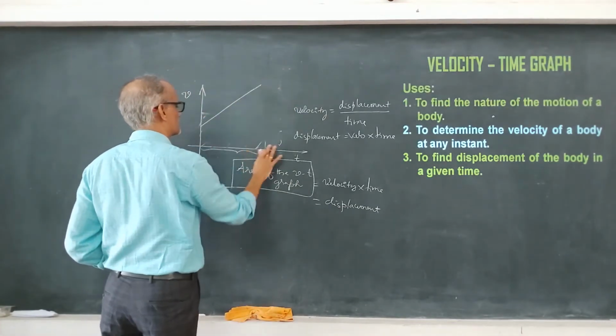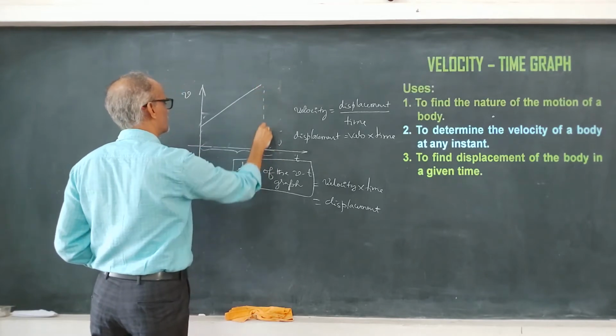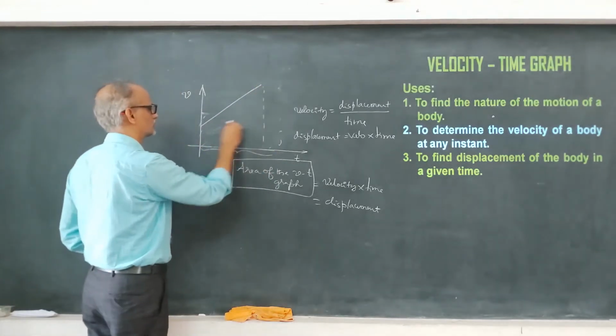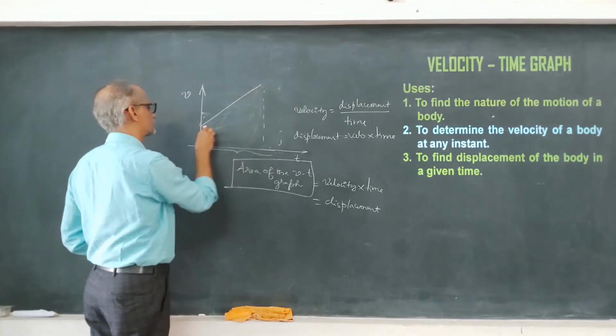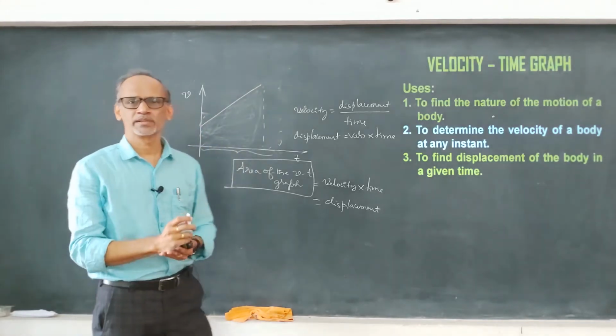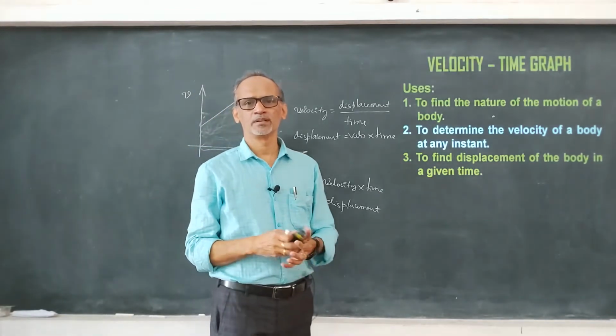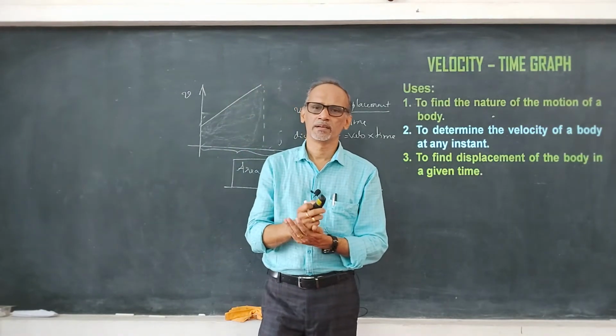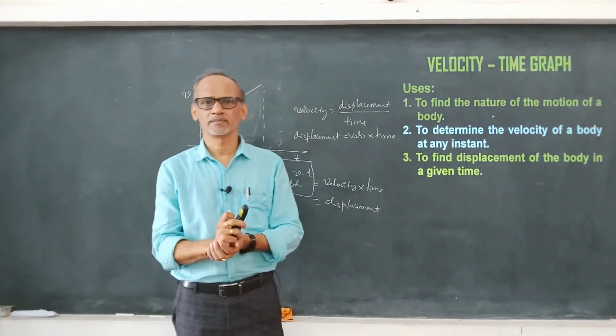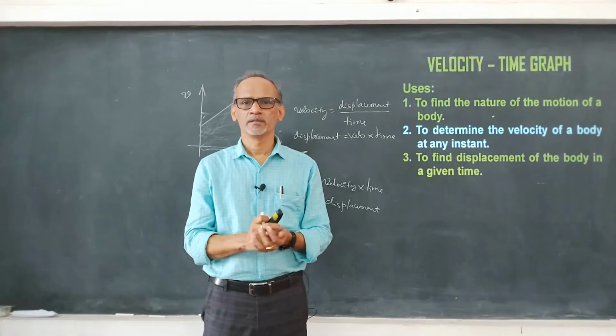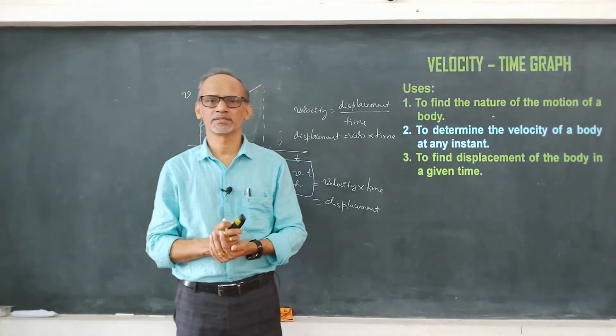What if the graph is something like this? Now what is the structure? The structure is a trapezium. All this we have learnt in our introduction topic, the bridge course, area of the various structures.